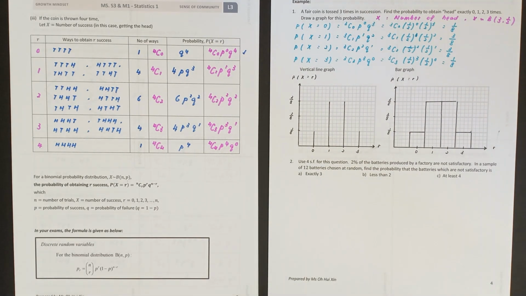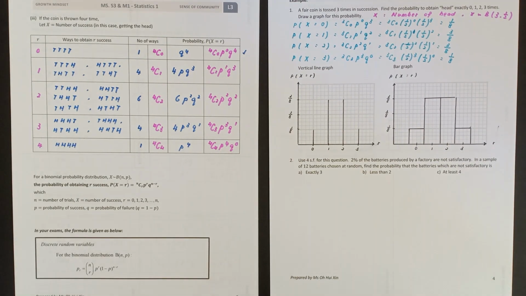For number 2, use 4 significant figures and write down the answer. Something to bear in mind for your exam: for the final answer we normally write 3 significant figures, but for everything you deal with in probability, in the working itself, try to write at least 4 significant figures.